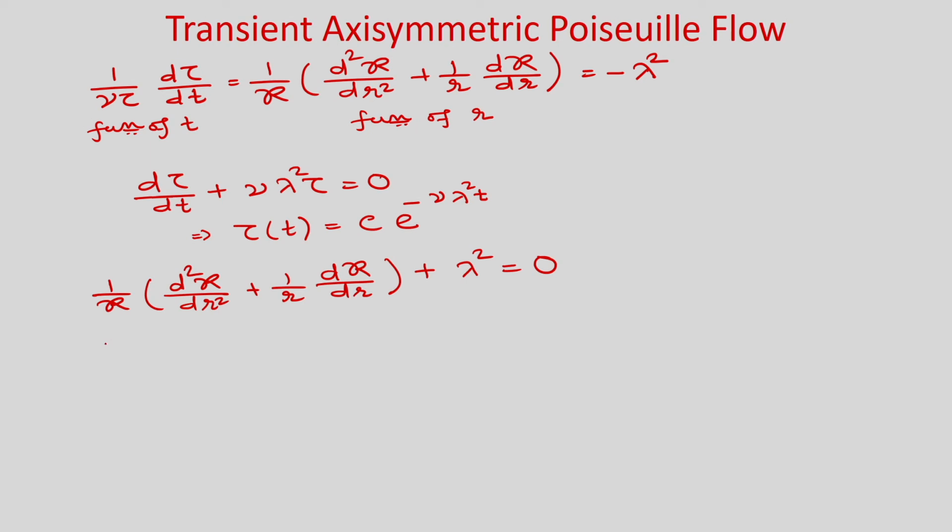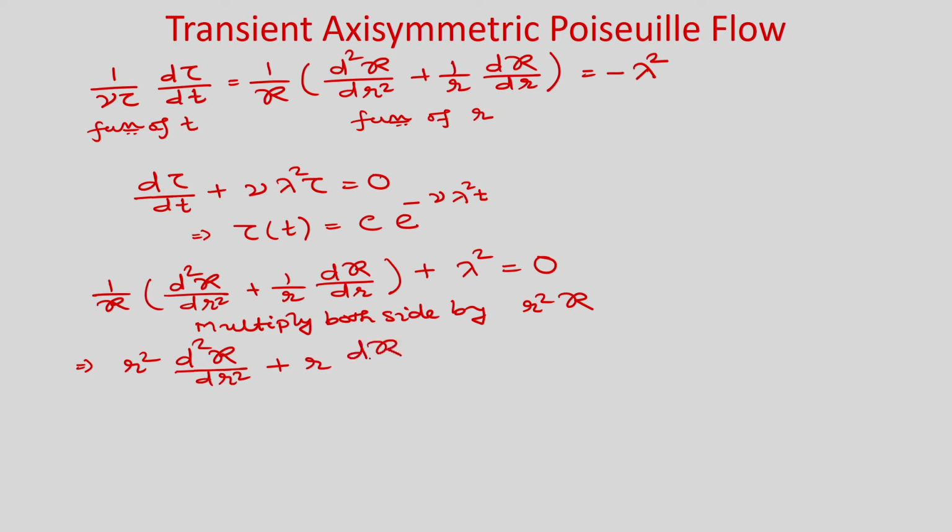Okay. If you multiply both sides by r²R, what will you get? You will get r² d²R/dr² + r dR/dr + λ²r² R = 0.